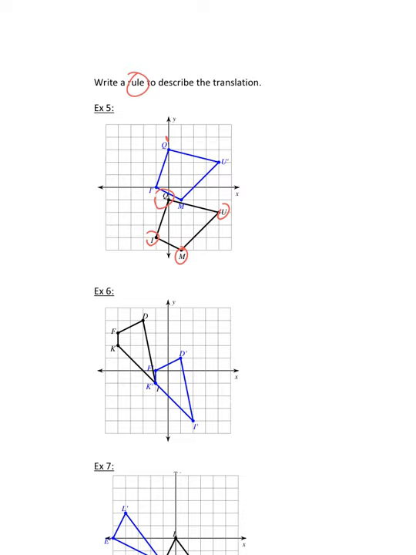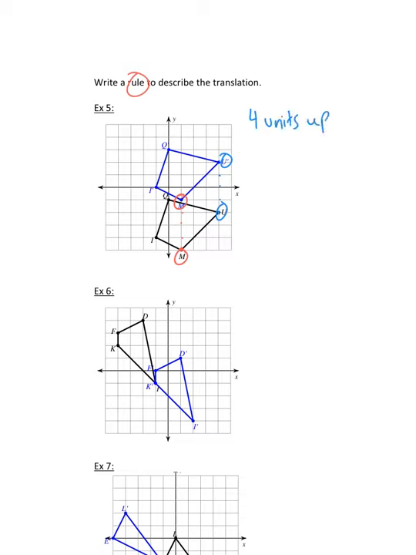So I would count from M to M prime to see what was the translation. 1, 2, 3, 4 up. And then I would double check with the others. From U to U prime. Am I going 4 up? 1, 2, 3, 4 up. Yeah, it works with all of them. So the rule is 4 units up.